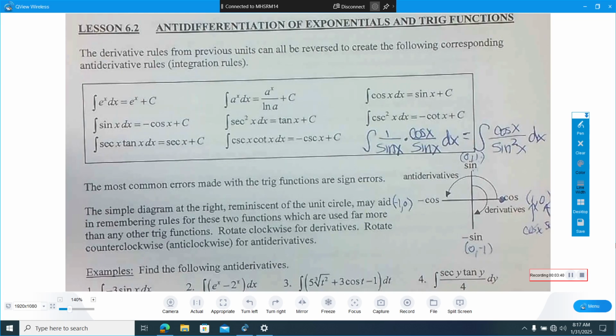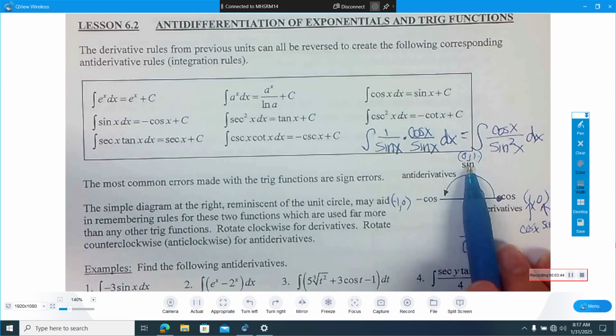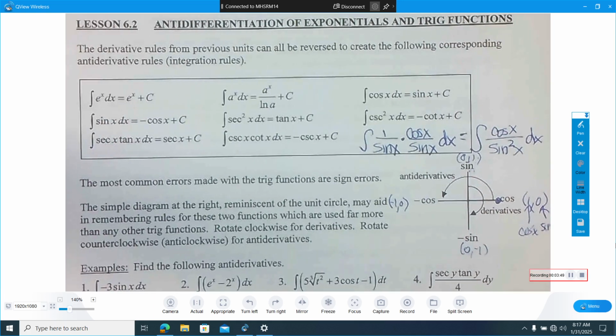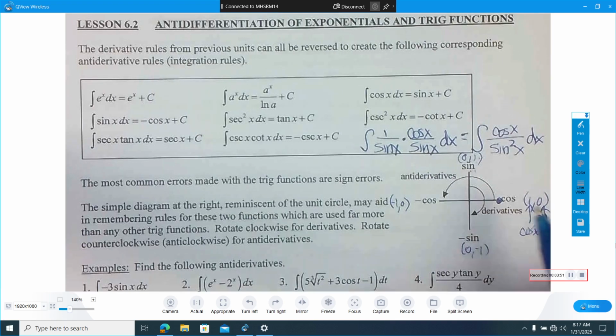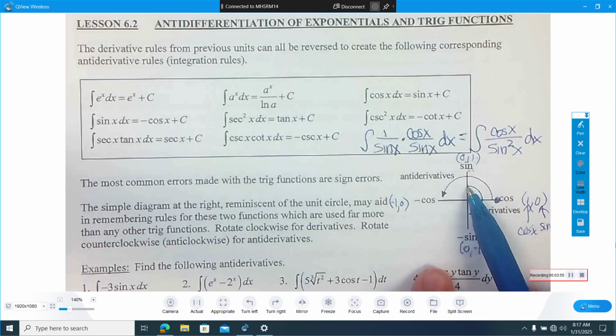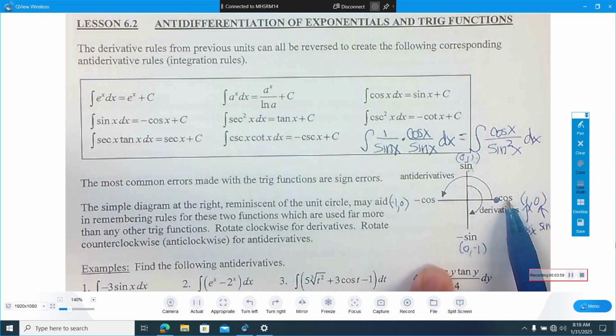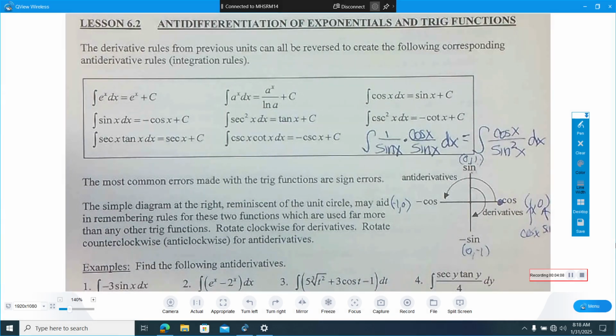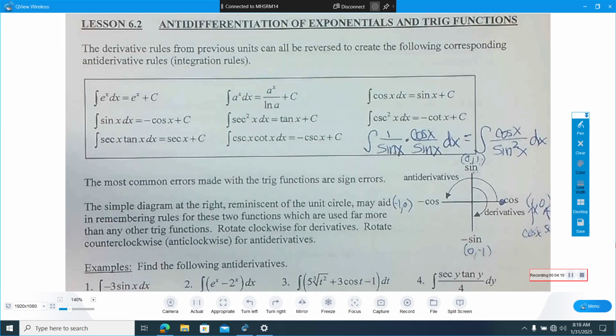So these things, cosine is positive, sine is positive, cosine values are negative, sine values are negative, basically come just from those ordered pairs. And so it tells you, if we want to do derivatives, we start with sine. Derivative of sine is cosine. The derivative of cosine, negative sine. The derivative of negative sine, negative cosine. So it just works its way around. And if you want to do antiderivatives, you go counterclockwise.